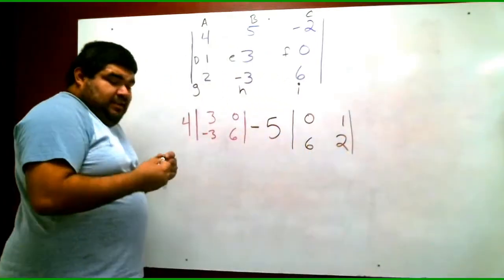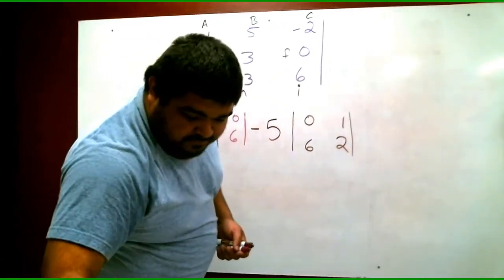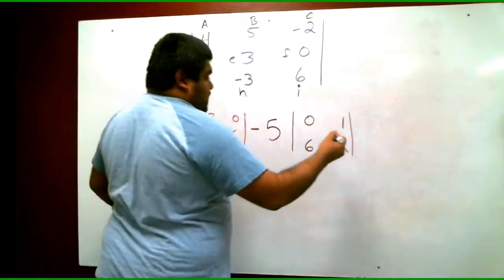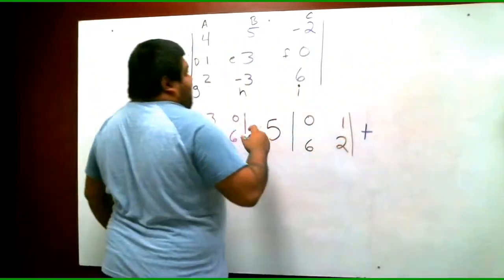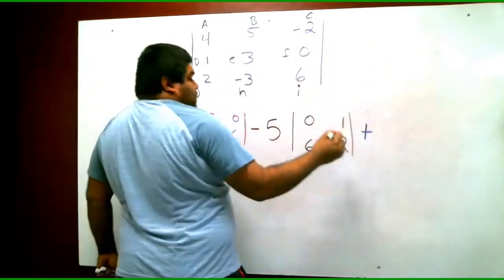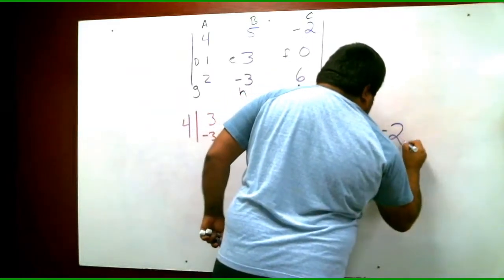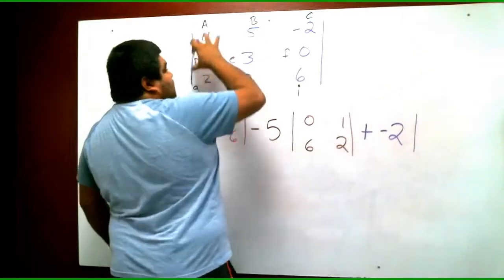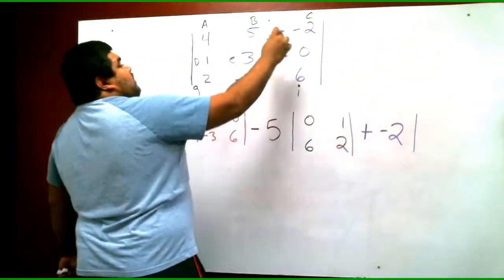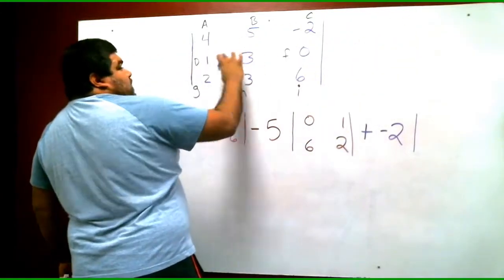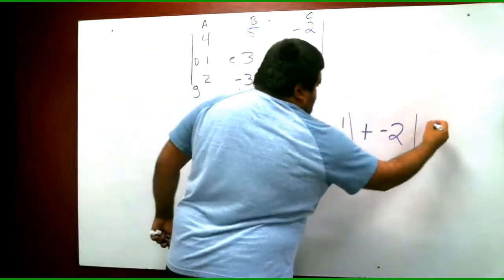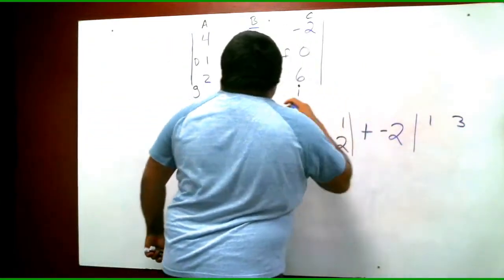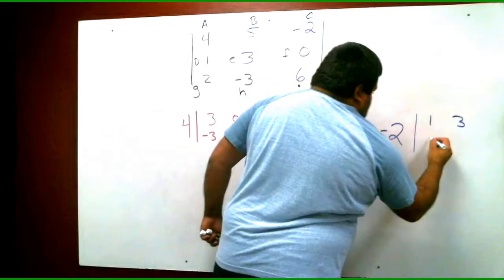Then our final piece is plus our last one, which in this case is -2. And if we rewrite the bottom two, we have 1, 3, 2, -3.